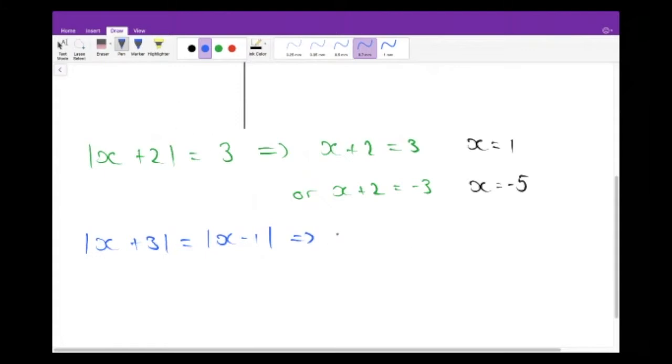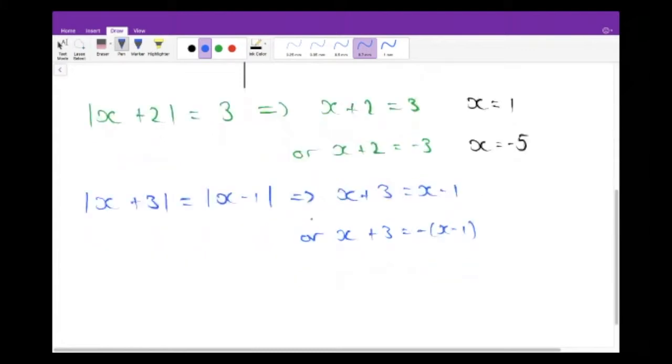So either x plus 3 equals x minus 1, or x plus 3 equals minus x minus 1. Okay, we could have minus x plus 3 equals x minus 1, but that's the same as this. And we could have that they're both negative, but that would be the same as the top one.